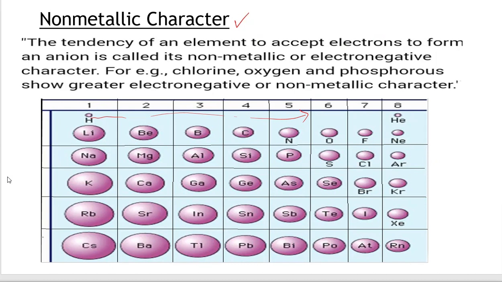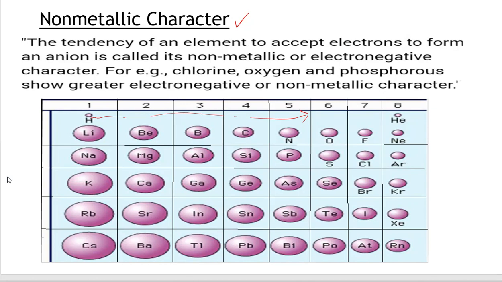But left to right in a period, non-metallic character increases. Metallic character decreases from left to right, so non-metallic character increases. Metallic character increases from top to bottom, so non-metallic character decreases, just opposite.